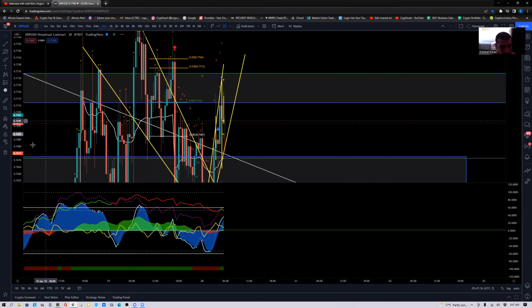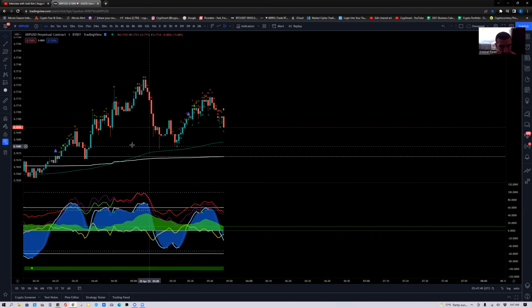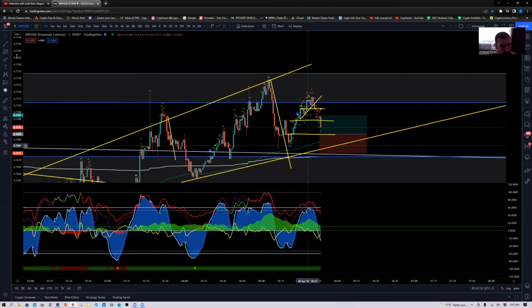Okay, higher time frame is changing a bit. Let's take everything out. This is indicating that it's not strong enough. We simply do not have enough buyers.